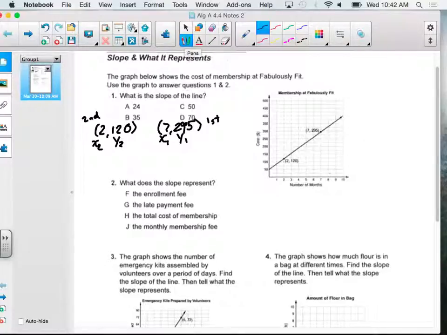So now we use the slope formula, right, to find the slope. So what goes upstairs first? It goes y sub 2 minus y sub 1 first, right? So 120 minus 295, over 2 minus 7.